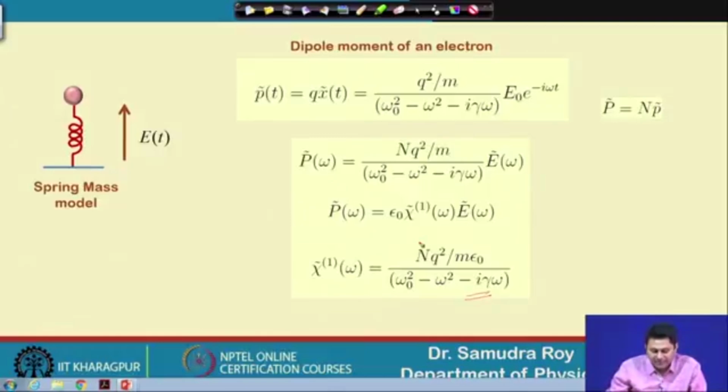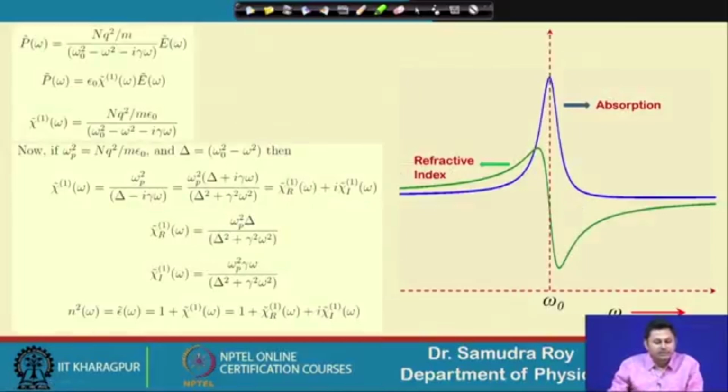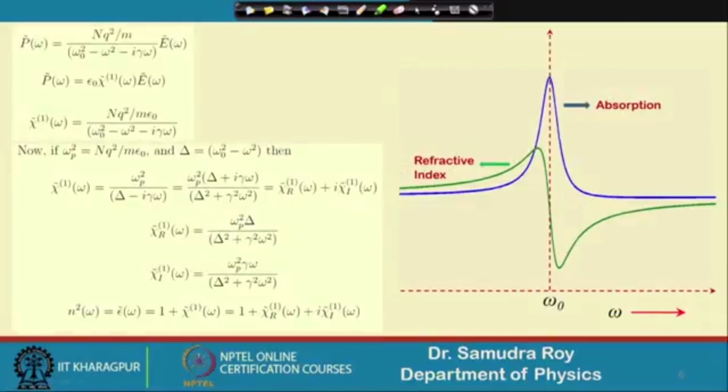This real term gives you the refractive index, which we always consider to be a real quantity, but we will find that this is not the case. Refractive index, or at least the susceptibility, is complex, so refractive index has to be complex. Let us see what happens when we consider the refractive index to be complex.